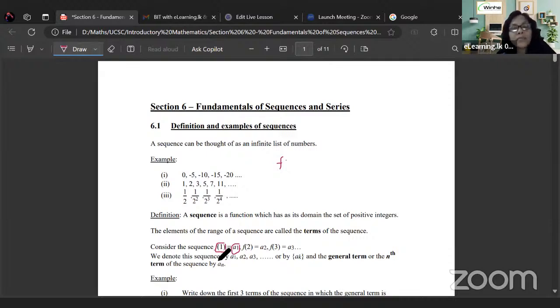We normally represent a term using a. If it is a1, that means it is the first term. If it is a2, it is the second term. If it is a3, it is the third term. Likewise, you can write all the terms with this symbol.